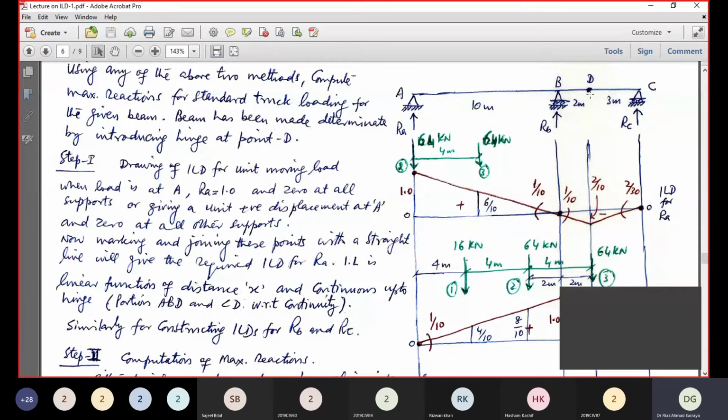Now it is statically determinate. So using any of the above two methods, we have to compute the maximum reaction for standard truck loading for the given beam. Beam has been made determinate by introducing hinge at the point D. Now step 1. ये अभी आप जो ग्रीन कलर में लोडिंग है इसको इग्नोर कर दें.